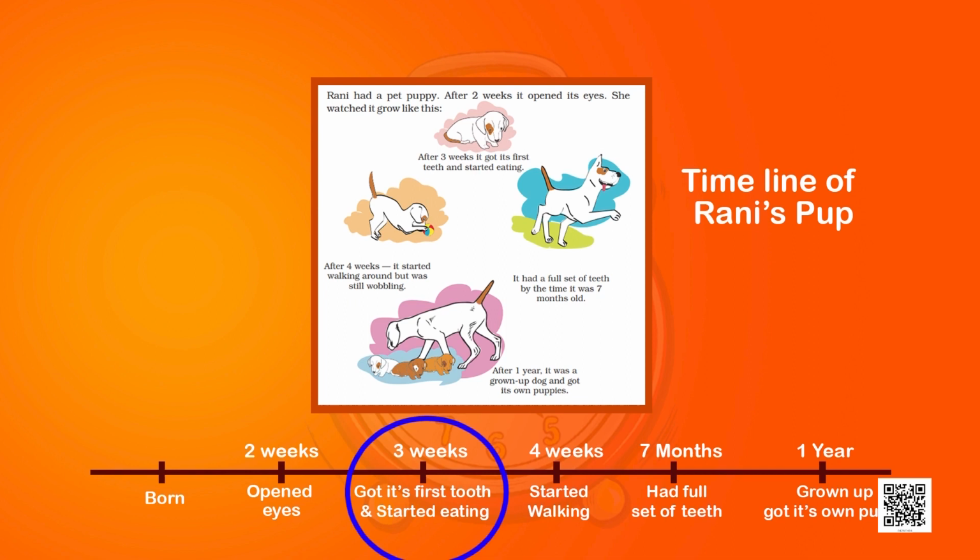Next one, after 4 weeks, started walking. Next, after 7 months, had a full set of teeth. And the last entry is after 1 year, it was a grown-up dog and got its own puppies. Could you also complete the timeline?